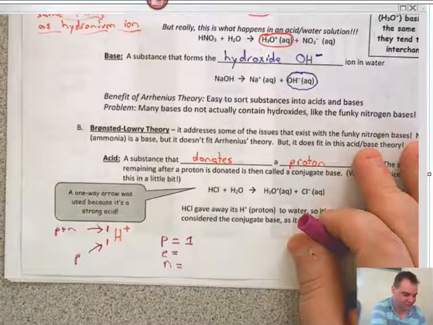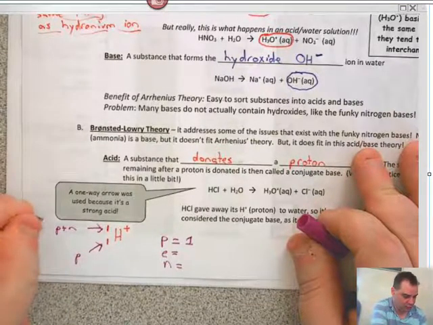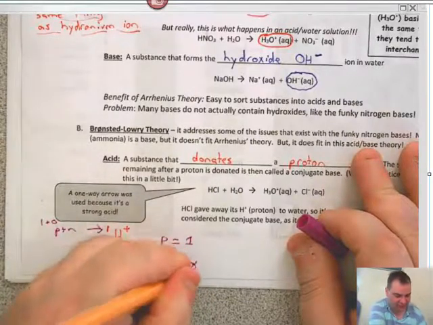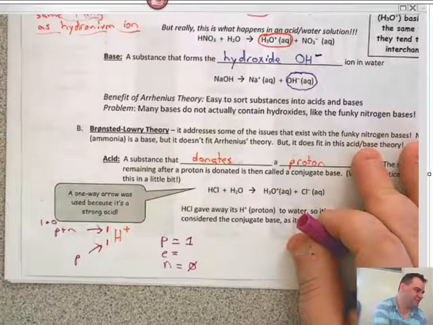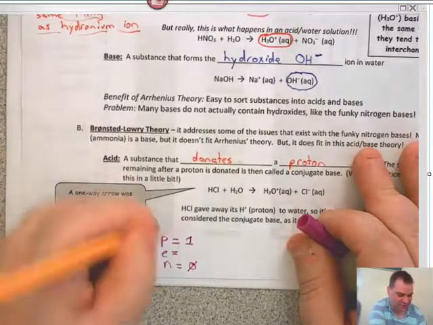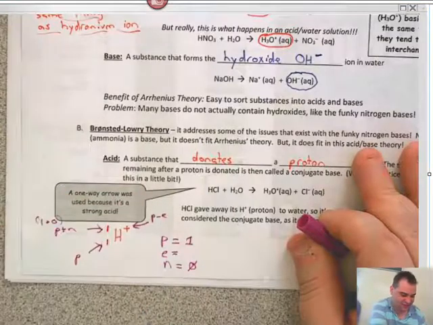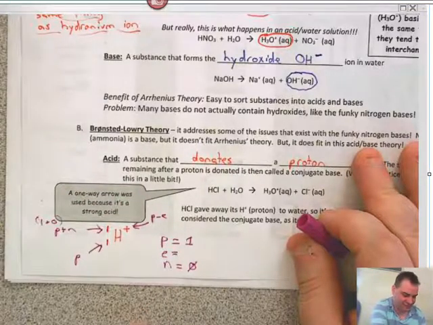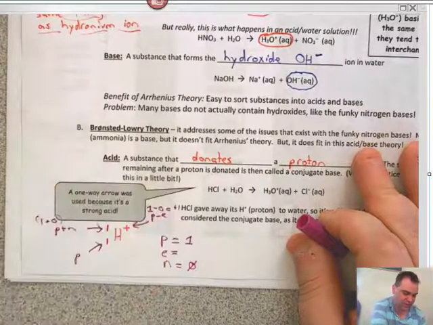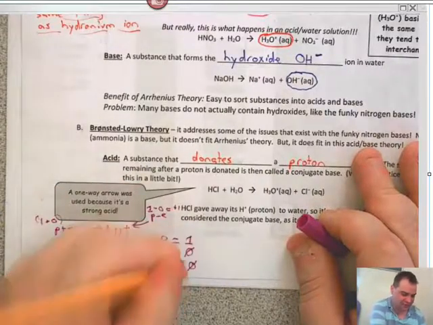So we would do 1 plus 0 is 1, so that is why we have 0 neutrons. This is the charge right here, which is protons minus electrons. So this would be 1 minus 0 is plus 1 to do the charge. So there are no electrons.